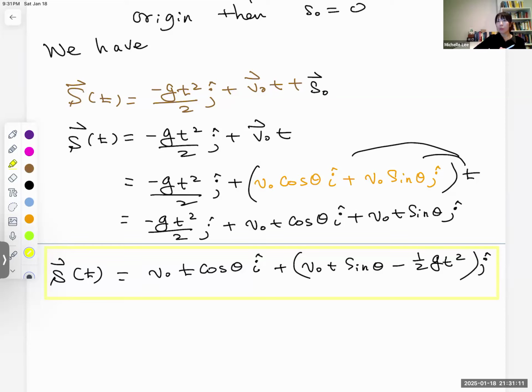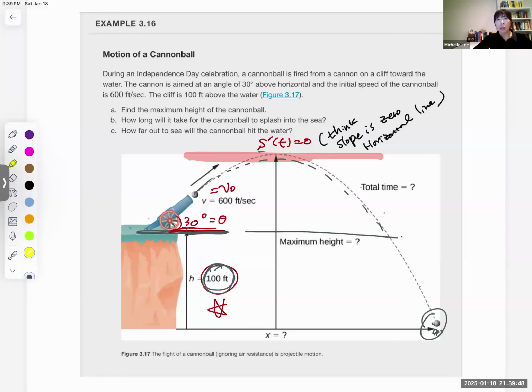Okay, so let me bring the example so that this will be the last example. Oh, it's long. Okay, motion of a cannonball. All right, so we have an example, motion of a cannonball. A cannonball is fired from a cliff toward the water.